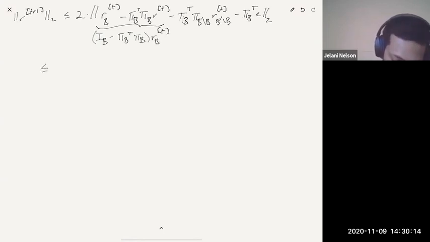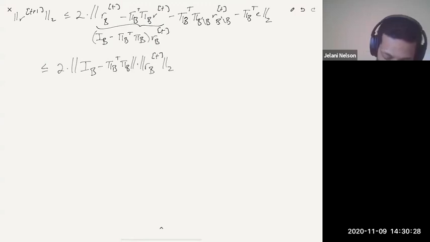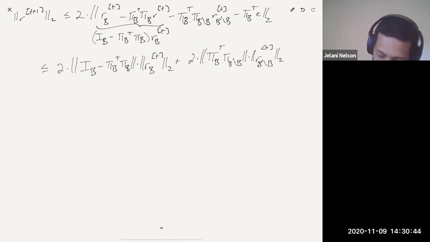So I can write that this is all at most, let me do triangle inequality now, 2 times the operator norm of that matrix plus 2 times the operator norm of this matrix times the norm of the vector, and then plus the operator norm of this matrix.